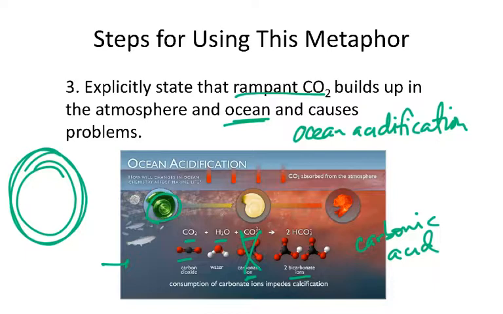If those carbonate ions are no longer available because they're reacting with that carbon dioxide, they can't produce their shells anymore. So you end up with organisms that can't produce the shells they need to survive. They have really brittle structures. So rampant CO2 is leading to problems like ocean acidification in the ocean, and that's causing a whole different set of problems in addition to the heat trapping blanket.